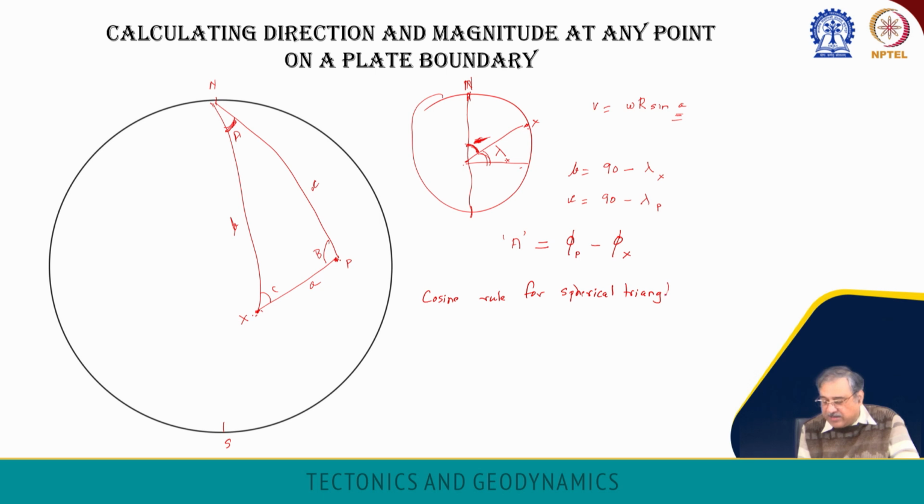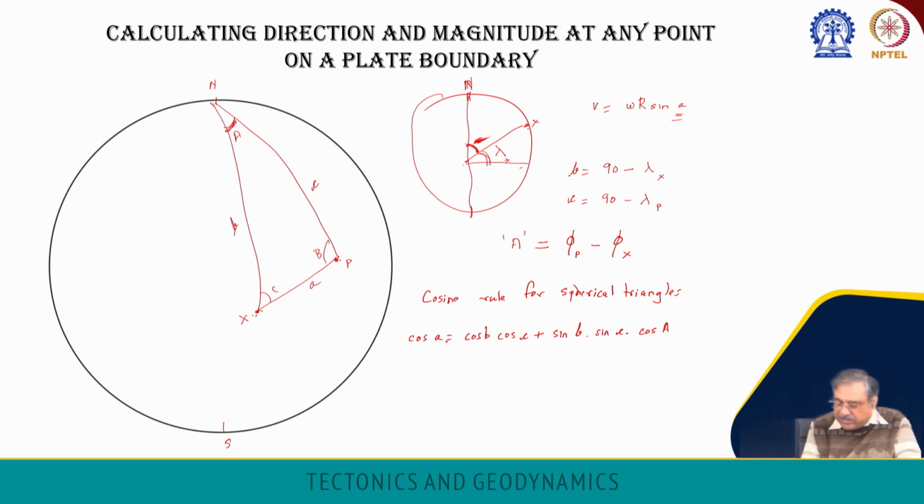This can be stated in this way: cos of a is equal to cos of b cos of c plus sine of b into sine of c into cos of capital A. So this is the cosine rule for spherical triangles. Just as we have sine and cosine rules for normal triangles, we have sine and cosine rules for spherical triangles.